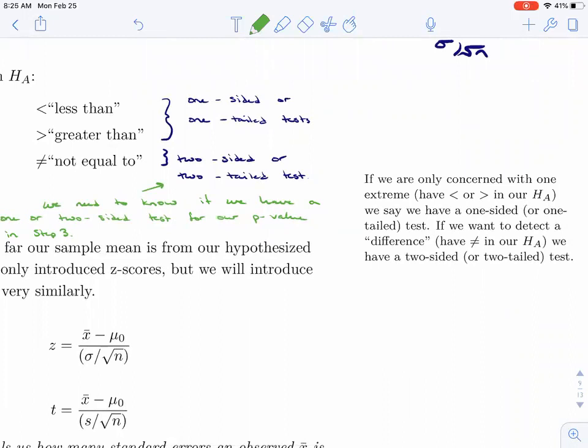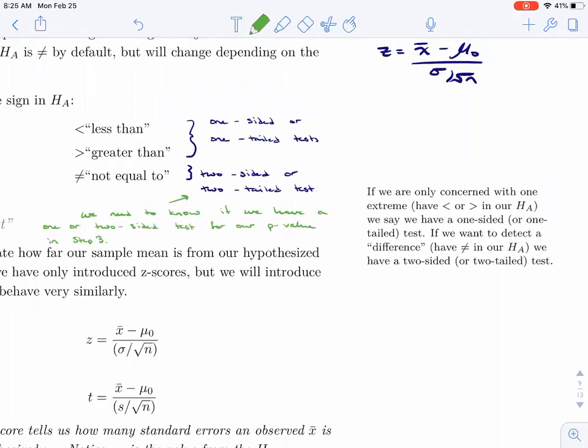We're only concerned with one extreme, we have a less than or greater than in our alternative hypothesis, we have a one-sided or one-tailed test. Hey, that's exactly what I said. If we want to detect a difference, we have a two-sided or a two-tailed test.